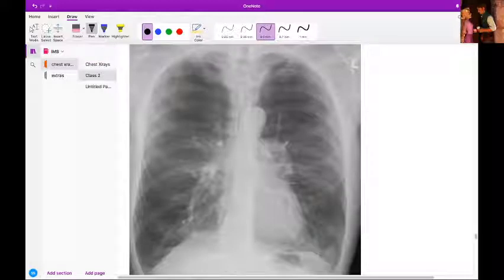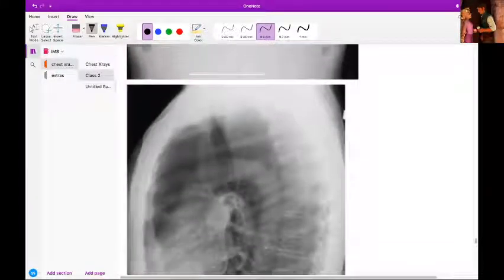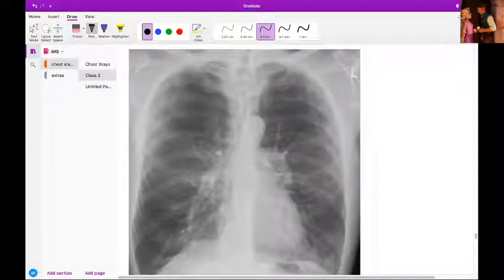Yes, centrilobular emphysema is associated with smoking, and panacinar emphysema is associated with alpha 1 antitrypsin deficiency. Because centrilobular, or centriacinar, is associated with smoking, mostly the upper lobes will be affected.